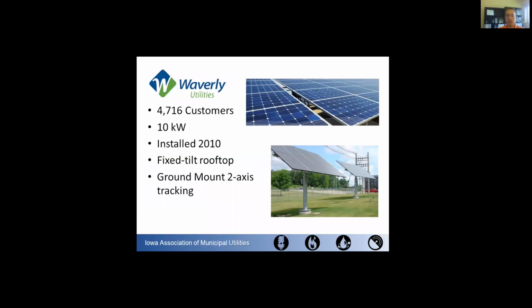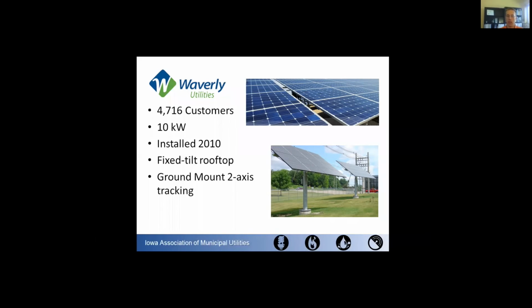Waverly Utilities serves about 4,700 customers in the Waverly, Iowa area. And their project is maybe less of the traditional community solar project. It's 10 kilowatts of solar installed in 2010. And it involves a rooftop fixed tilt system, as well as 2 ground-mounted dual-axis tracking systems.